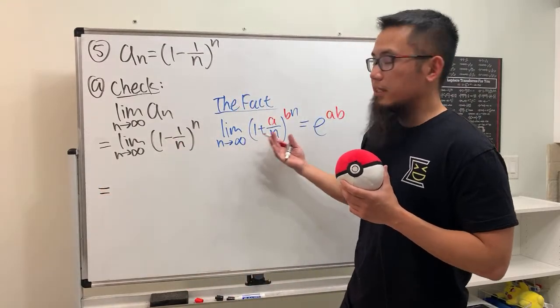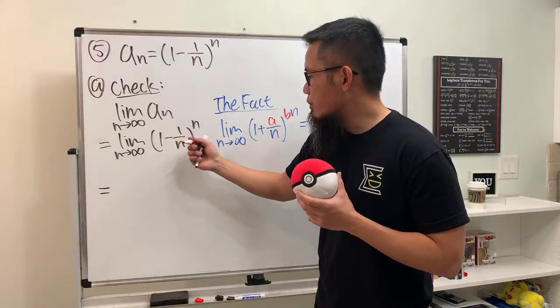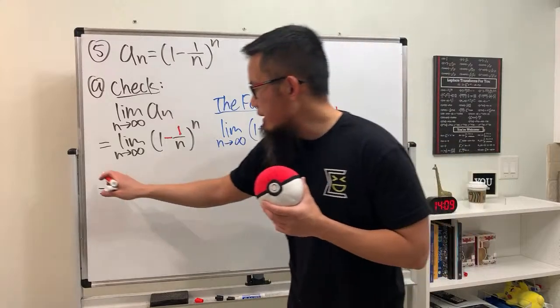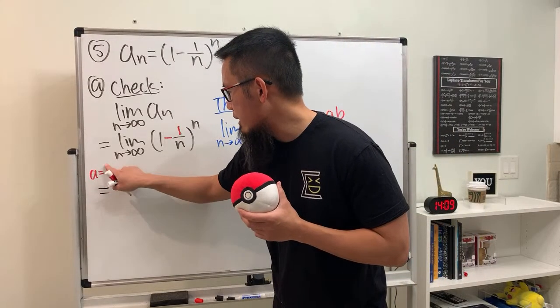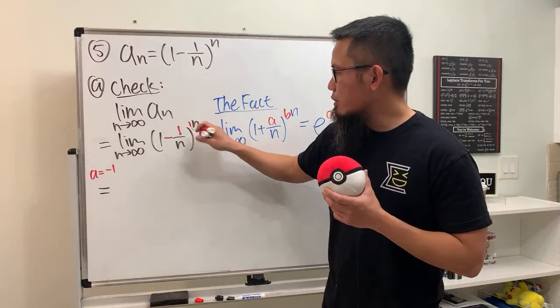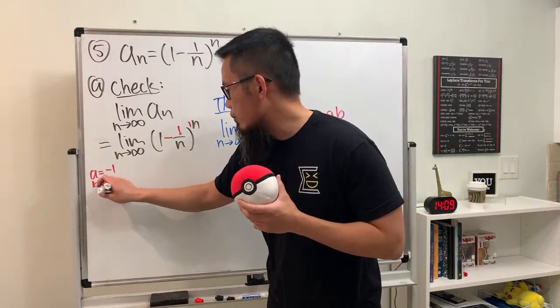Notice this fits into this form, and pay attention to the a value, which is actually -1. So you'll just write down a is equal to -1, and then the b value is just 1, so you write down b is equal to 1.